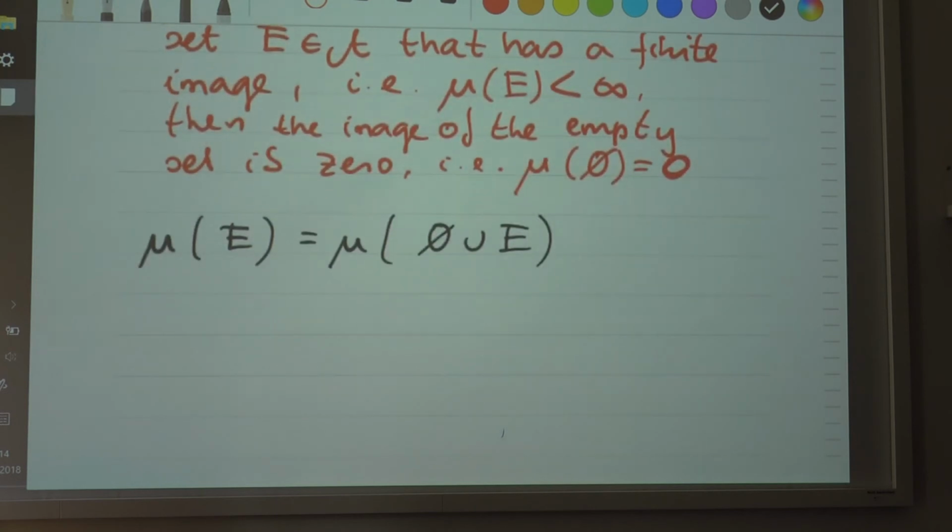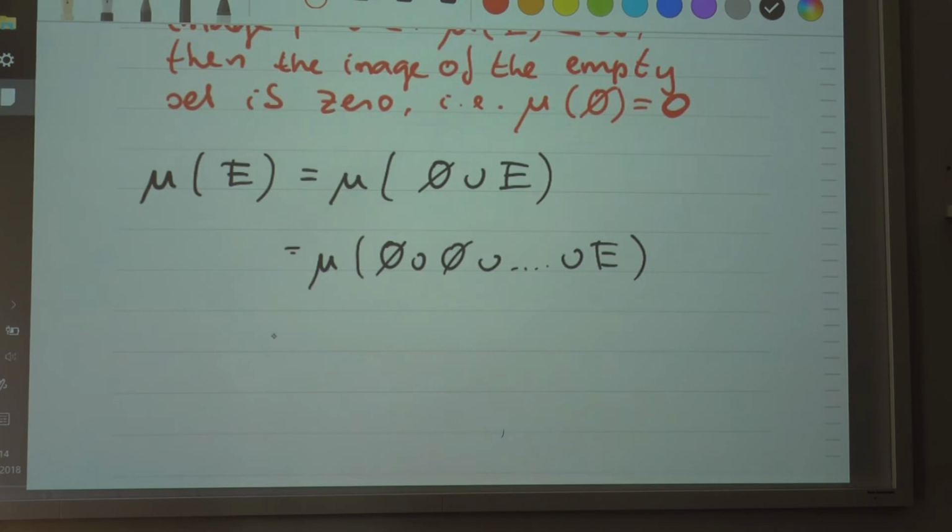And this is also true for a countable union. So if you have the union of empty sets countably many times, and then the set E, then since the function is sigma-additive, this will be equal to the image of the countable union of these empty sets, so the empty sets countably many times, plus the image of the set E.